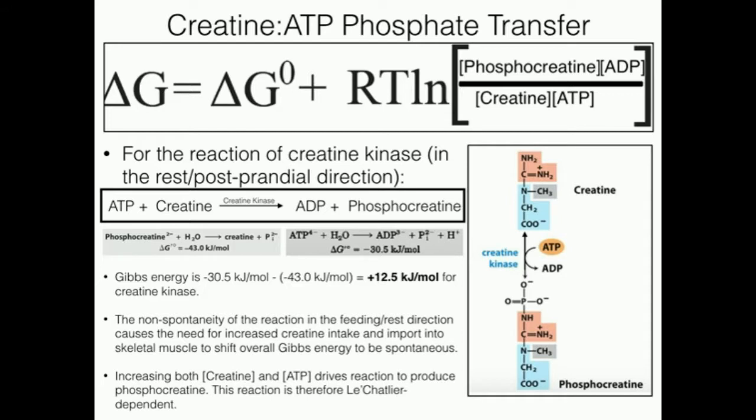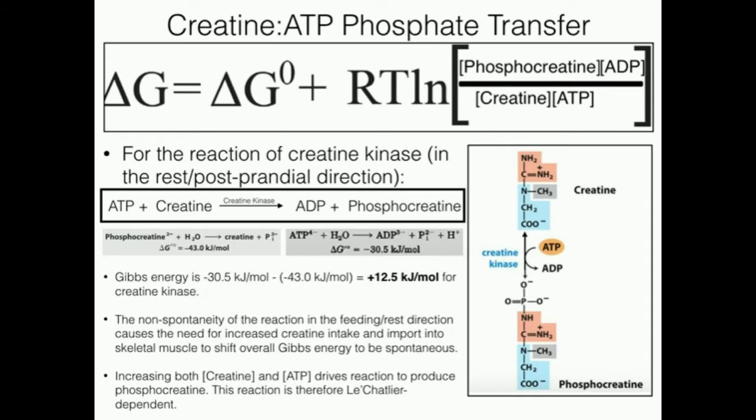Now, to make this delta G overall negative, which would be required if we want to run from creatine to phosphocreatine, what we would have to do is increase the creatine concentration and the ATP concentration. Well, it turns out at rest, when we're not burning a lot of ATP and we're metabolizing the stuff we just ate, ATP concentration rises.